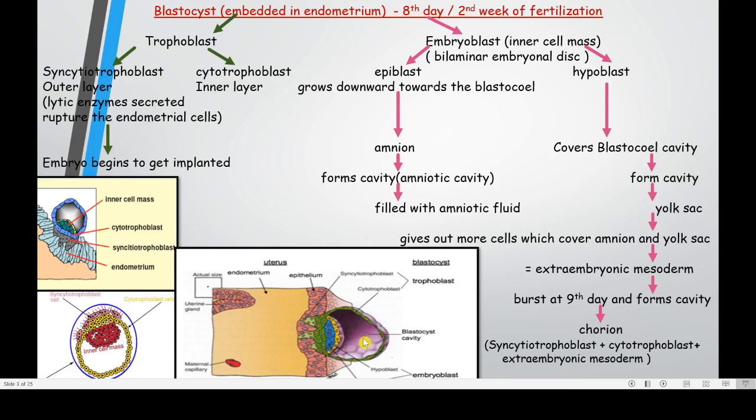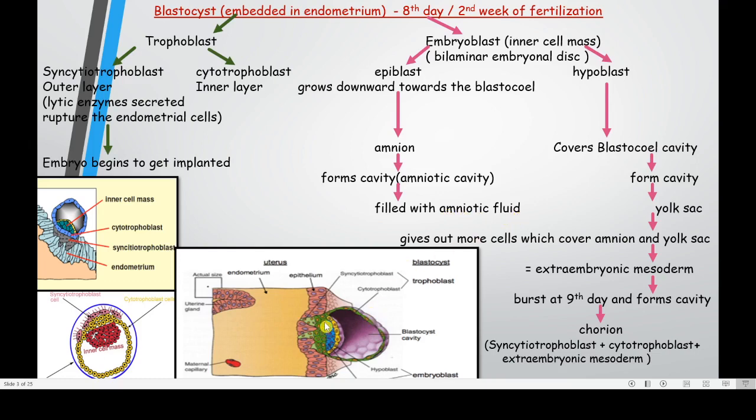It starts developing towards the blastocyst, and because of this downward growth of the epiblast, it forms a space or a cavity between the cells of the epiblast, and that cavity is known as the amniotic cavity, which then gets filled with amniotic fluid.